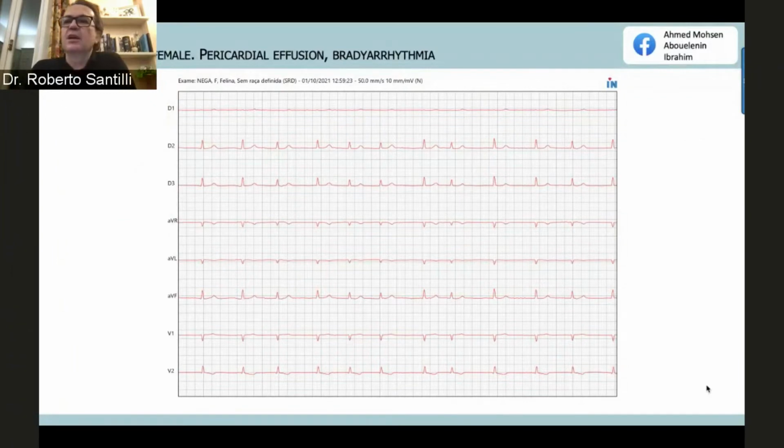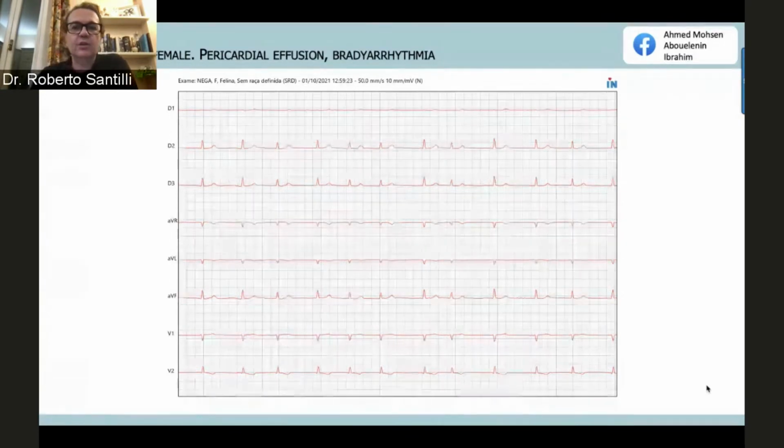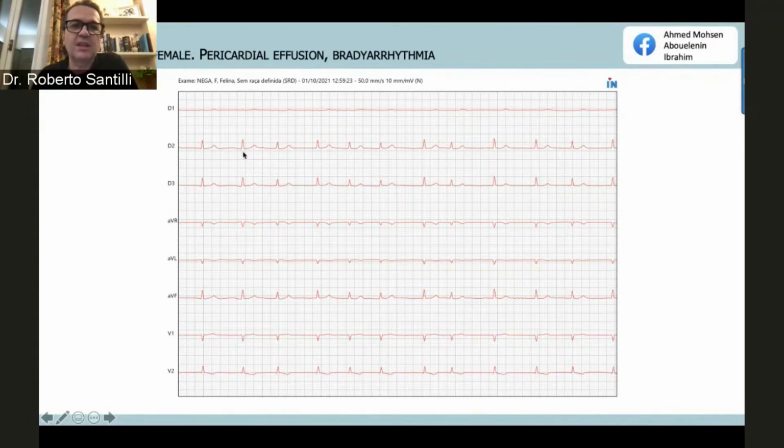So last time we had a few cases that we hadn't time to finish. This is a female cat with bradyarrhythmias and pericardial effusion, and this is the ECG that has been sent. Here you can see a narrow QRS complex, for a cat less than 40 milliseconds, and we don't see a real atrial activation here.